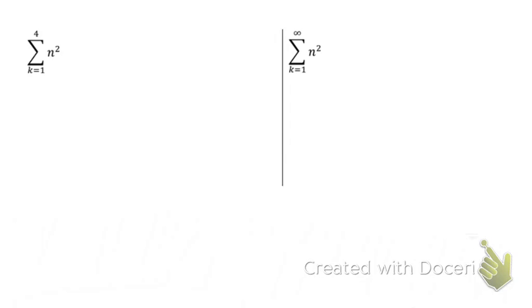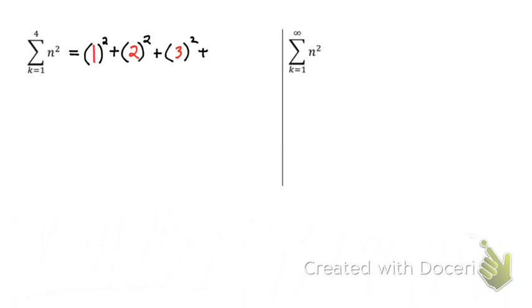All right, just a couple examples of our sigma notation. I'm going to start at 1, and I'm going to end at 4. All that's saying is we're going to start by plugging 1 in for n. So I plug 1 in for n, and I square it. That's my start. Then we're going to add 2 squared. Then I'm going to add 3 squared.